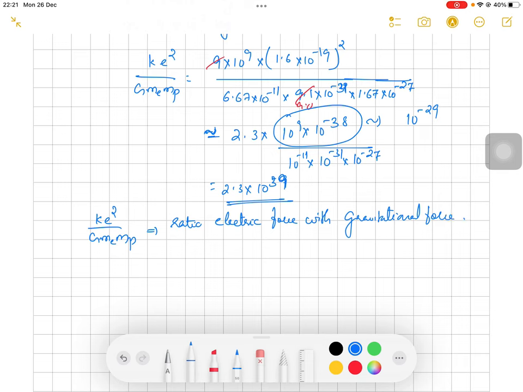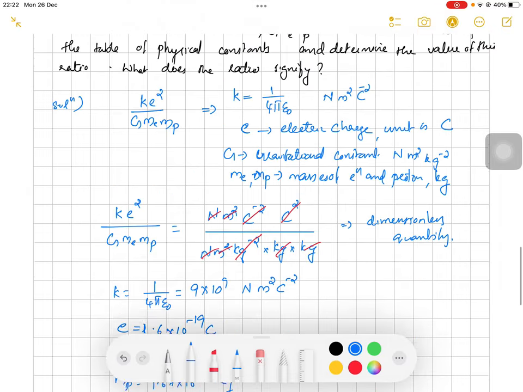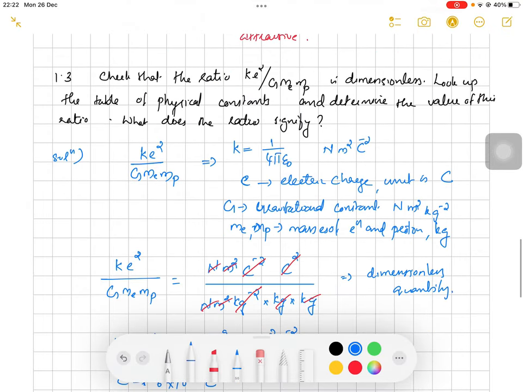This value is of the order 10 raised to 39. That means the electric force is approximately 10 raised to 39 times greater than the gravitational force. So this is question 1.3 from our NCERT. Okay, thank you.